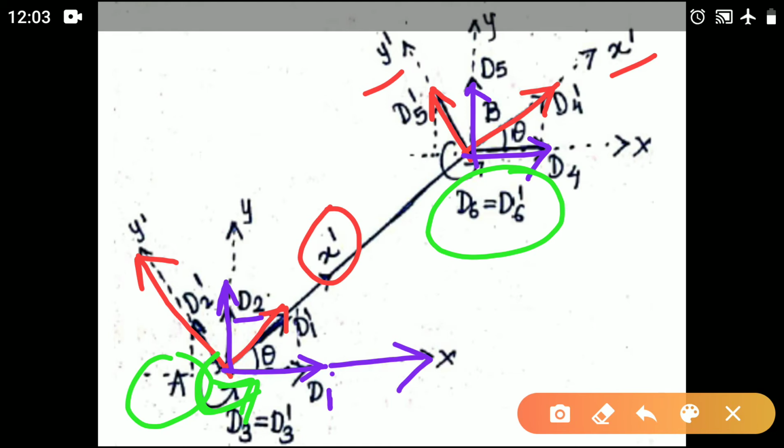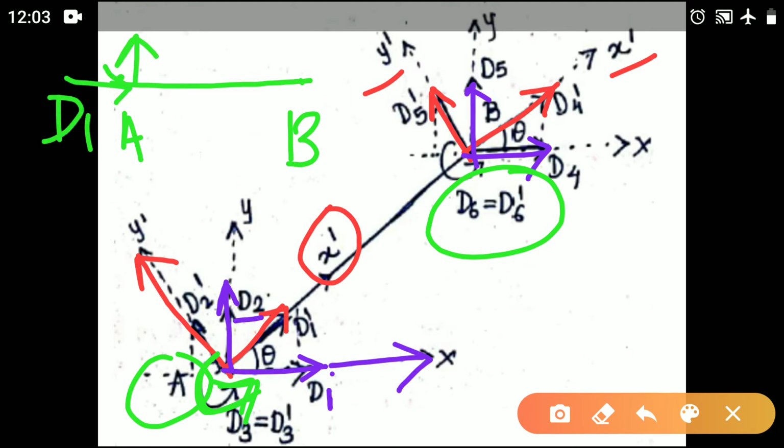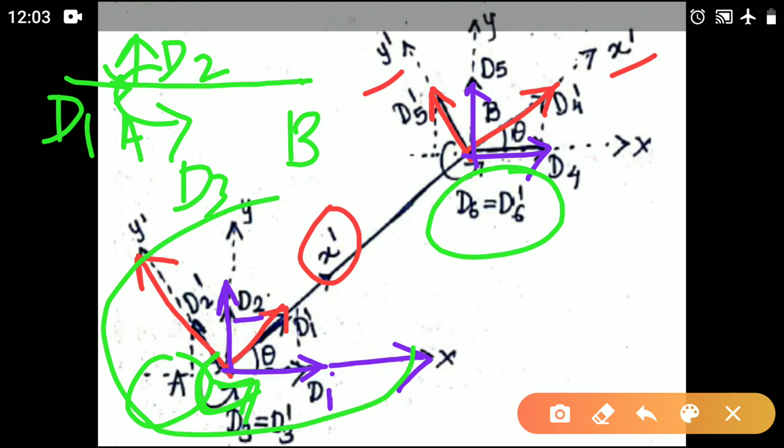In the first step, at the start of this video, in part 1, what we have seen is one horizontal member AB. At node A, 3 degrees of freedom are shown, horizontal and vertical: this is D1, this is D2, and this is D3. The same thing is mentioned here at node A in local as well as global.